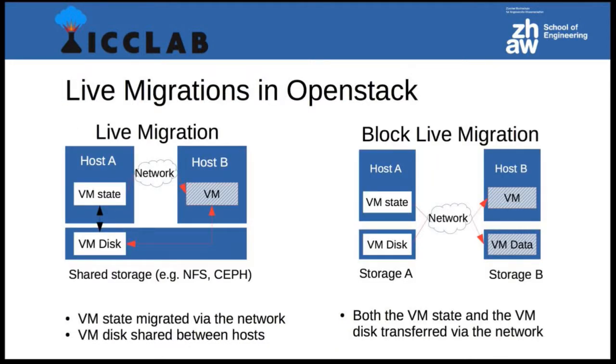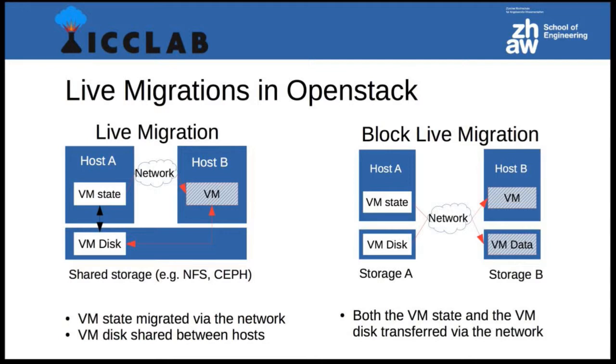So what's the current state of live migrations in OpenStack? You have two options: live migration and block live migration. The difference is simple. If you use live migration, you need to use shared storage for your VMs, for example NFS or Ceph. If you migrate instances using live migration, you are migrating just the VM state, and the VM disk is shared on the shared storage.